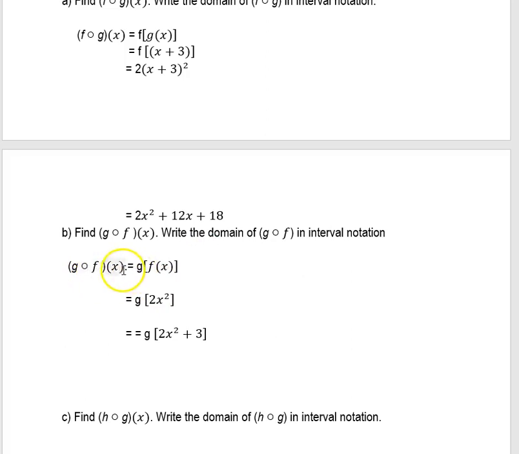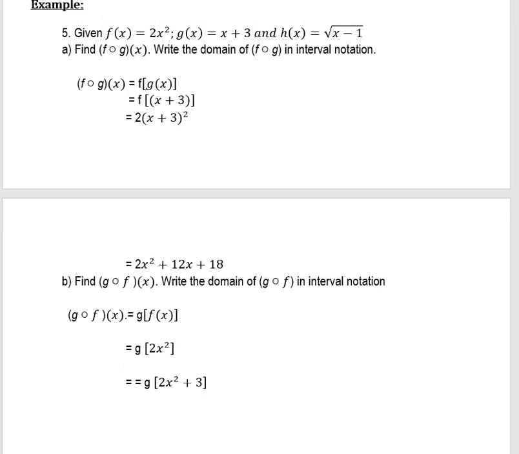Let's first of all find the g composite f of x. So it means my f of x becomes my input, which is that. So I will replace that. If we go up now, in the place of x here, I will replace with the 2x squared. And that's why you have that. That should be your final answer.